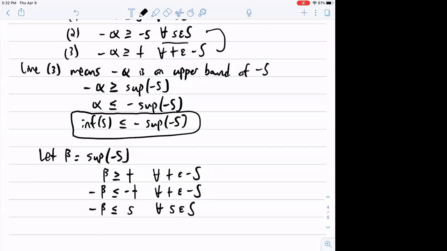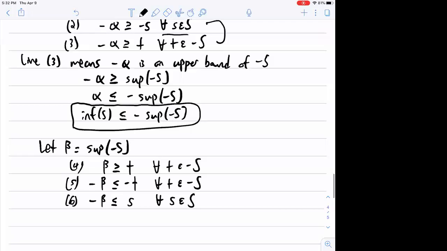Okay, now we are pretty much done, because what does this say? Let me write 4, 5, 6. Line 6 by definition means negative beta is a lower bound of S, because I'm smaller than every element in S. But what is infimum?